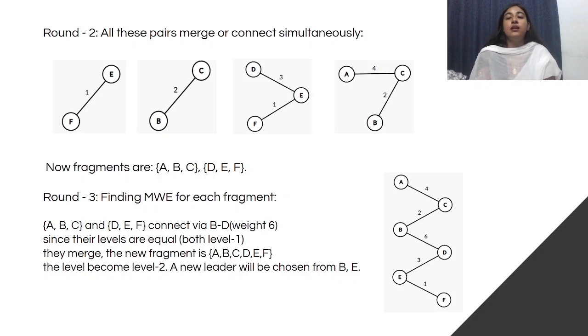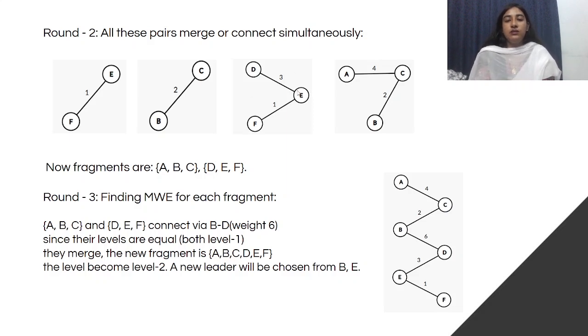First merge E and F, and we find a new fragment, DE. This tree is made. Then if we connect B and C, we find this tree. All these trees merge or connect simultaneously.